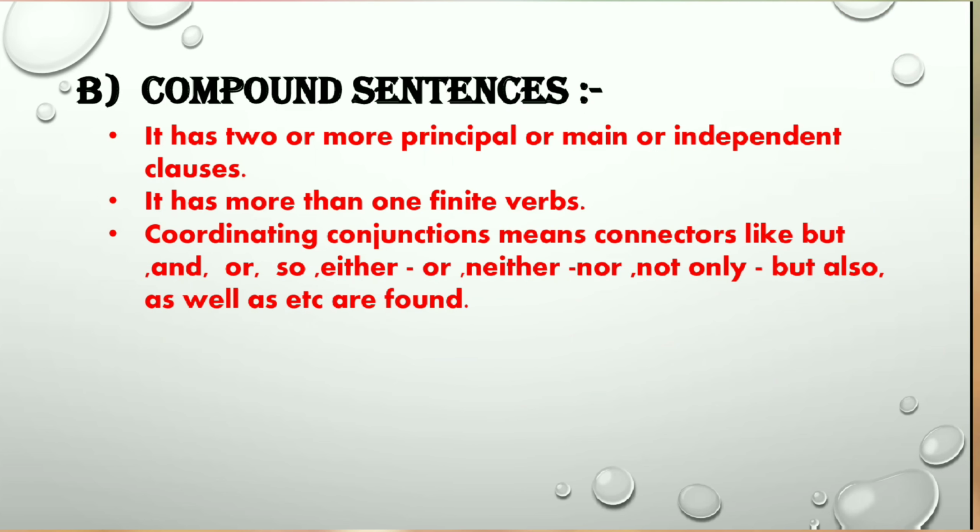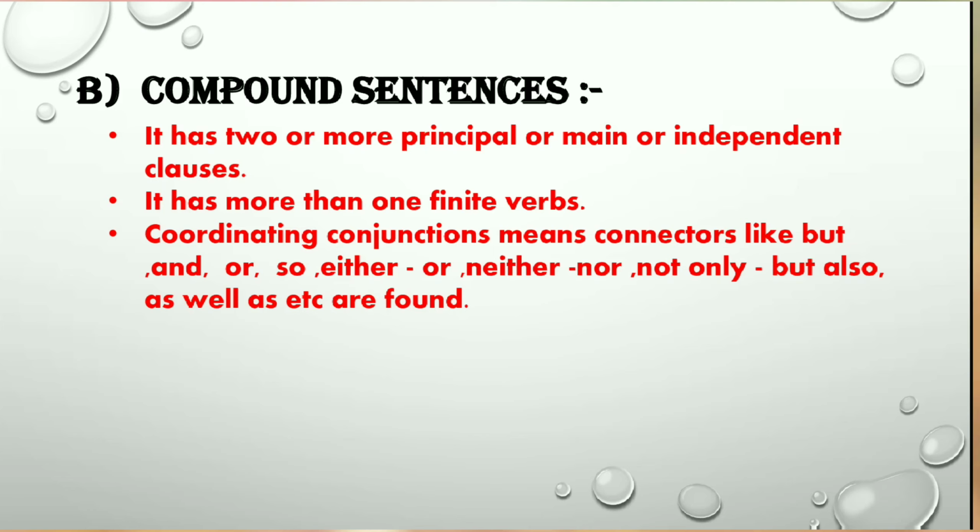A compound sentence has two or more principal or main or independent clauses. It has more than one finite verb. There are coordinating conjunctions, meaning connectors like but, and, or, either or, neither nor, not only but also, as well as, etc. found here.